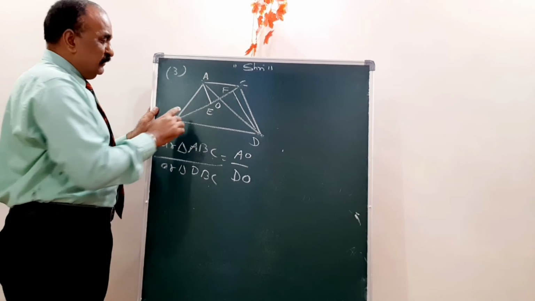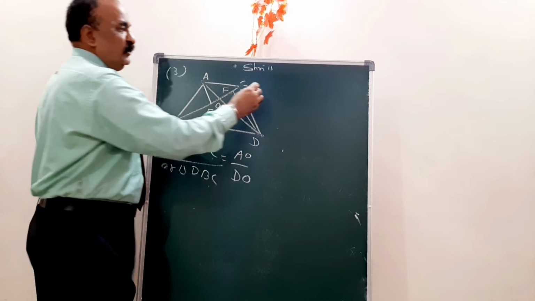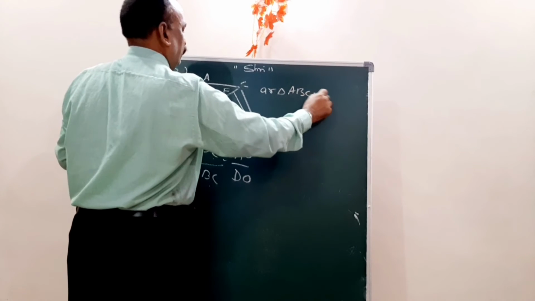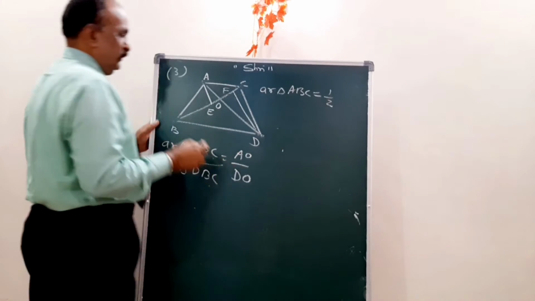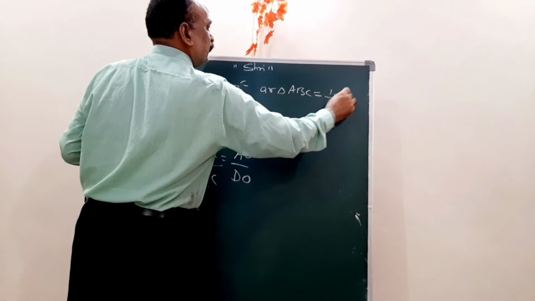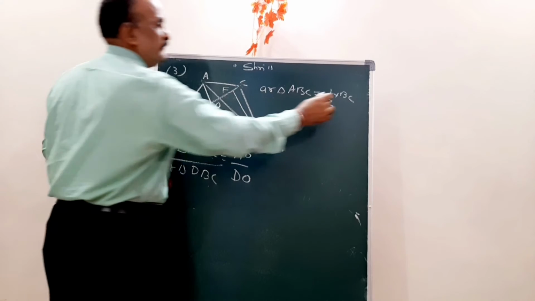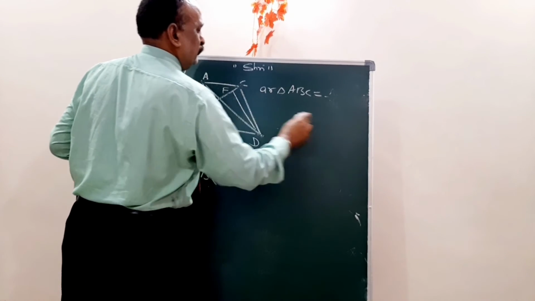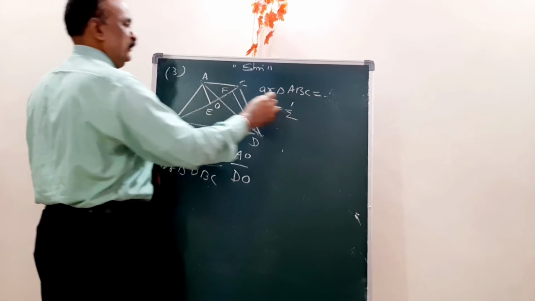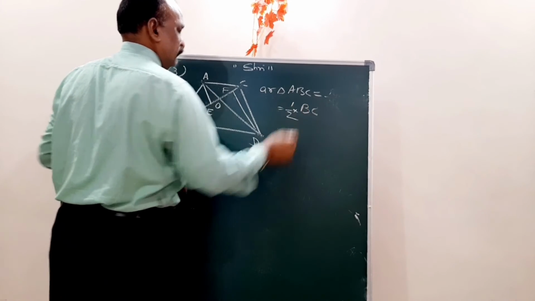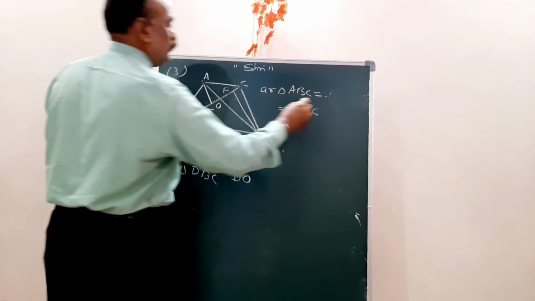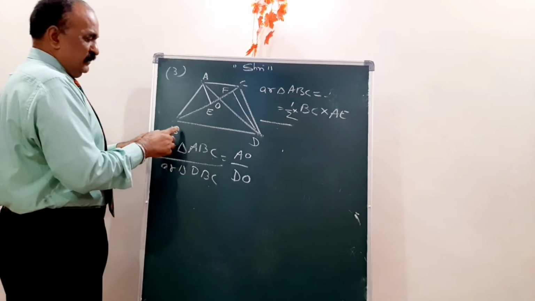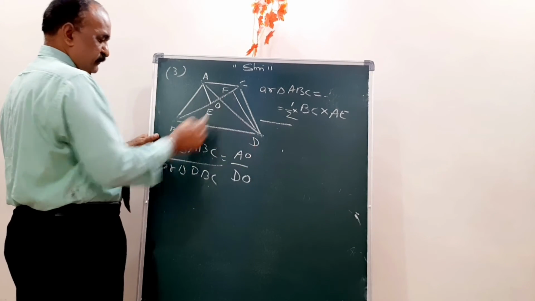Now consider the area of triangle ABC. The area of triangle ABC is equal to 1 by 2 into base, base is BC, into height AE, upon area of triangle DBC.